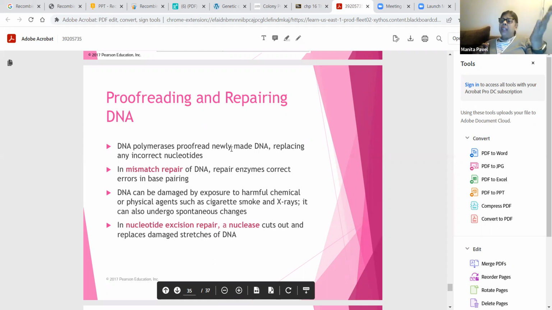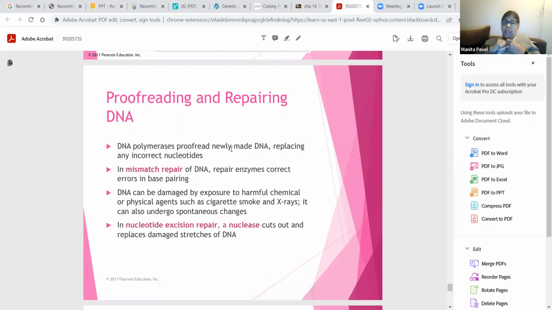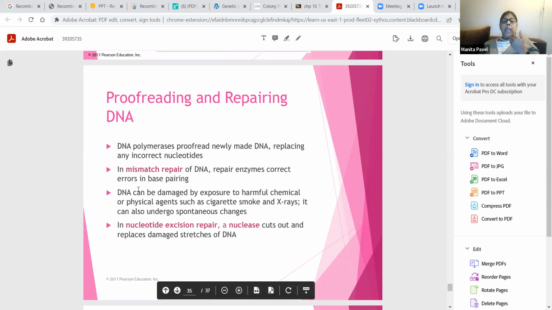So instead of adenine pairing with thymine, adenine went and paired with cytosine, and DNA polymerase is going to proofread it and correct it. In mismatch repair of DNA, repair enzymes are going to correct any errors that take place. Like I said, instead of adenine pairing with thymine, adenine goes and pairs with cytosine. That's a mismatch that needs to be repaired.